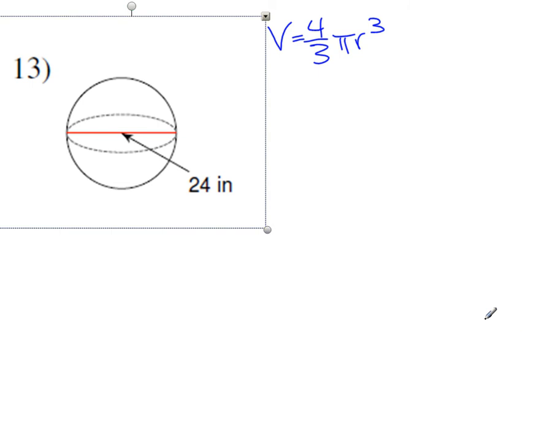What is the radius here? 12. So we have 12 to the third power.